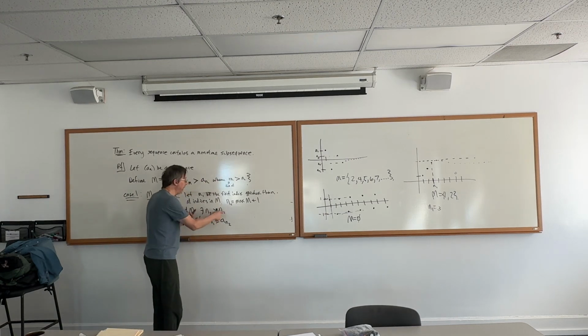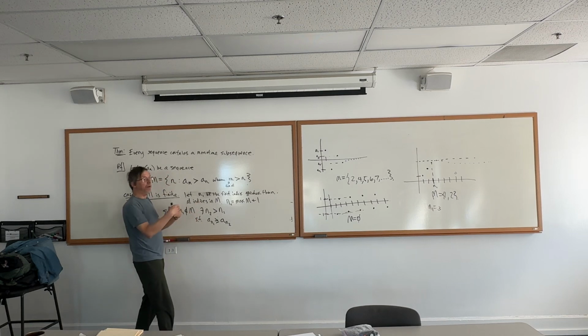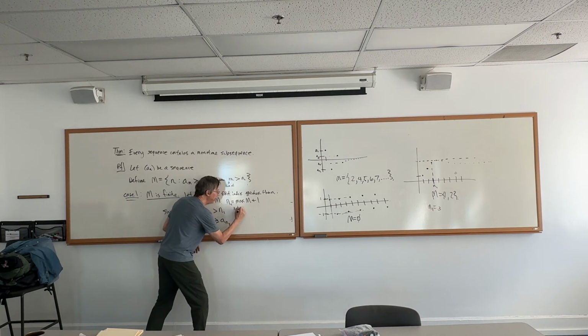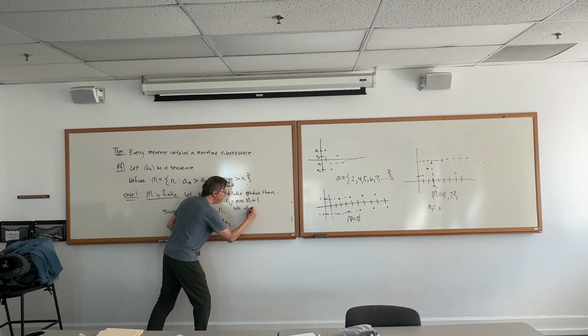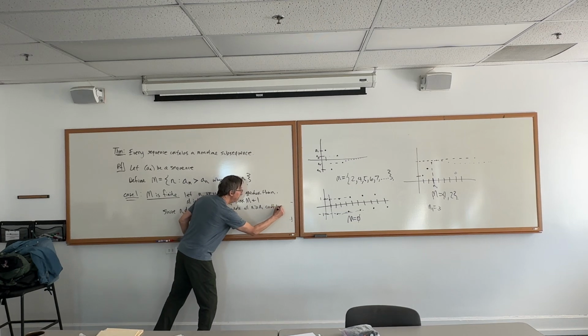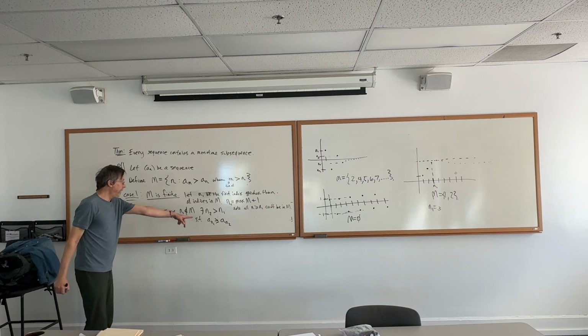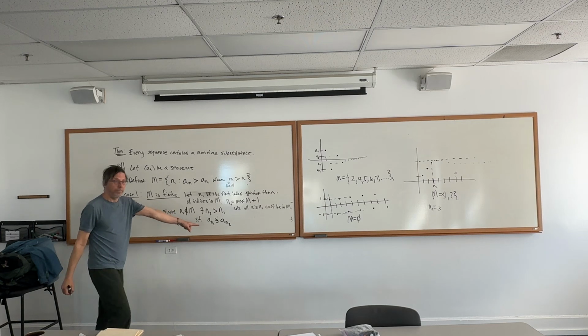Since N1 is past the right edge of M, everything past there is not in M. So make a little note here. Note, all n greater than or equal to n1 can't be in M. So n2 is not in M.